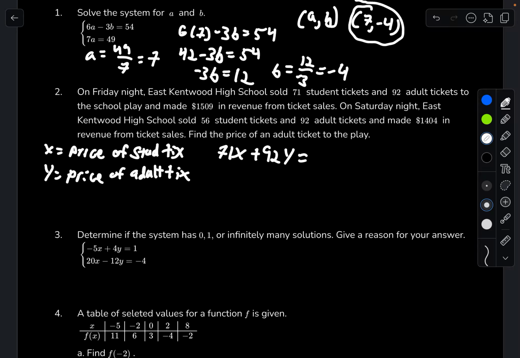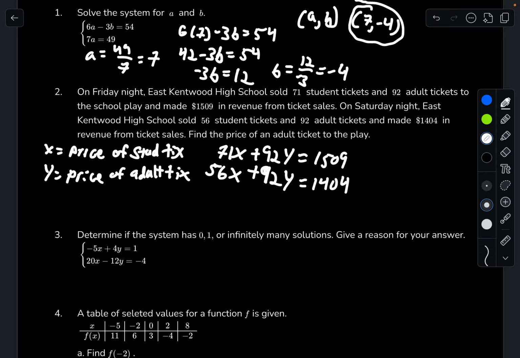And they made $1,509. The next one was 56 student tickets. And again, this is what makes this one relatively easy, 92 adult tickets. And they made $1,404.